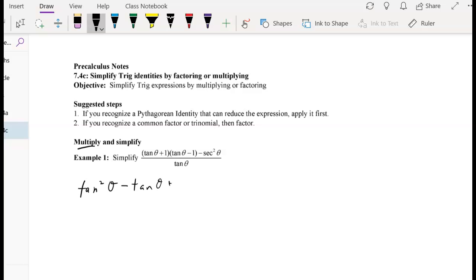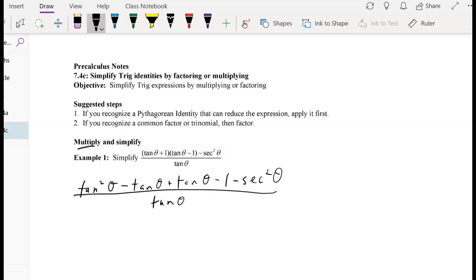The inners would be plus 1 times the tangent of theta. And then the last times the last is 1 times -1, so that's minus 1. And then we still have that minus secant squared of theta, and that whole thing is over the tangent of theta.